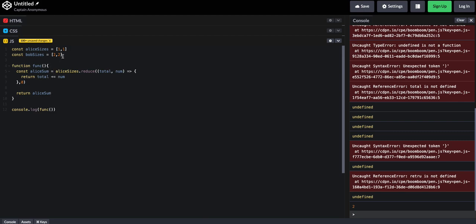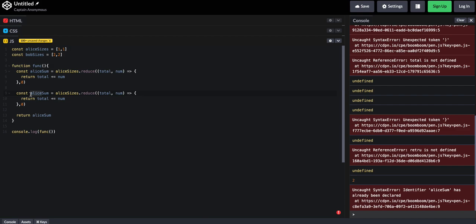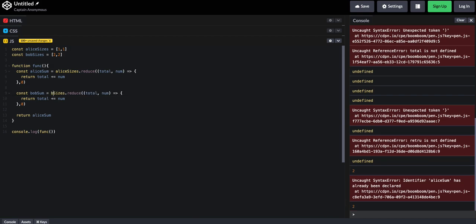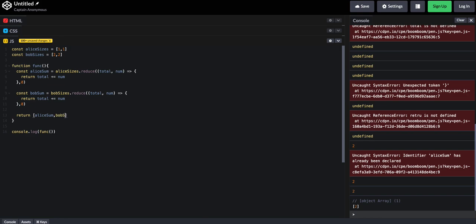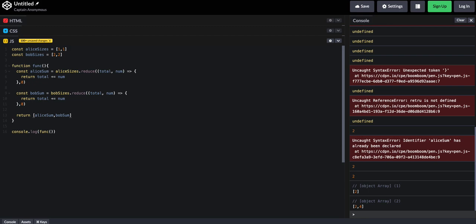We go to the next one, now that's 1, we get 1 plus 1 equals 2. And then we want to do the same thing for Bob. So down here, let's return both of them. Right, we get 2 and 4.